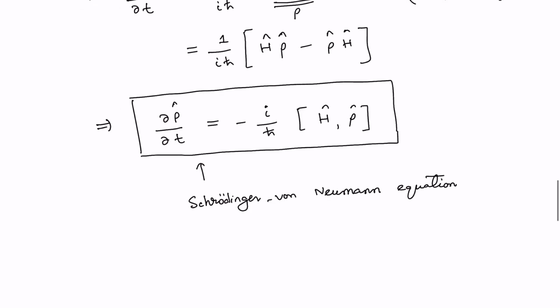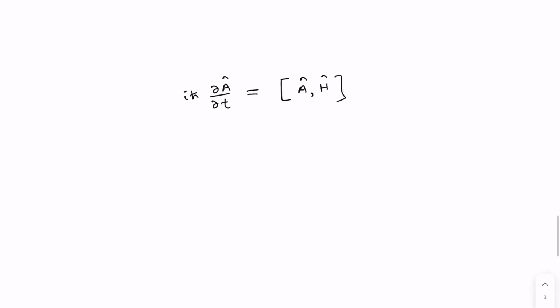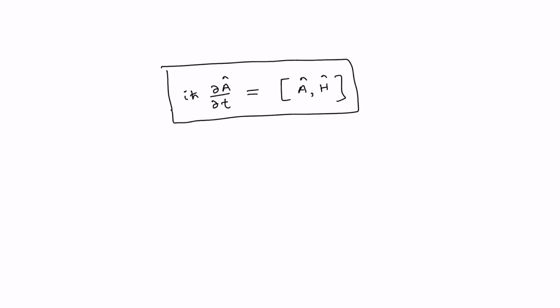By the way, note that an operator A representing a physically observable quantity obeys the so-called Heisenberg equation of motion. Now, if you look at the evolution equation for the density operator, we have iħ ∂ρ/∂t is equal to [H, ρ].